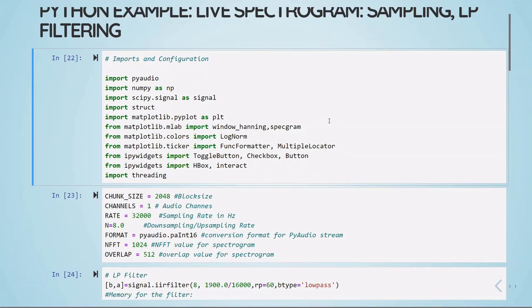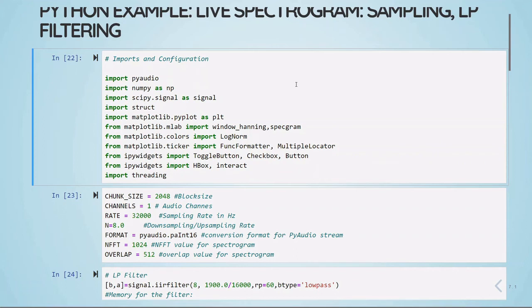So these are some Python imports and some configurations. We're going to use PyAudio again to handle the audio streams, and we're going to use NumPy for Python arrays and some mathematical operations. We're going to use SciPy signal for implementing a filter.